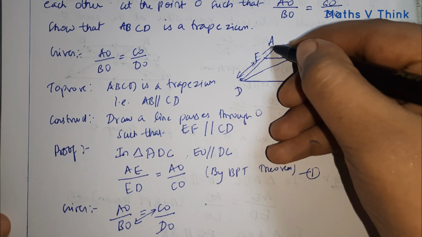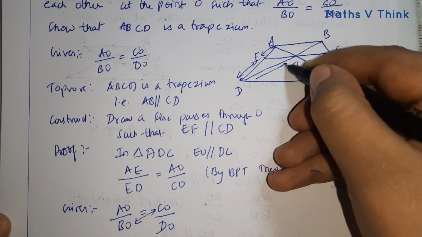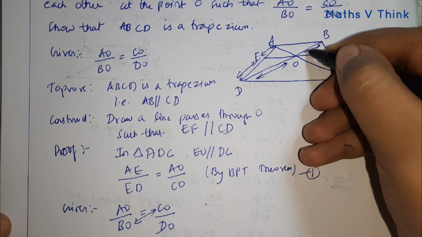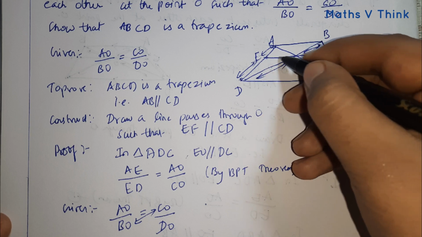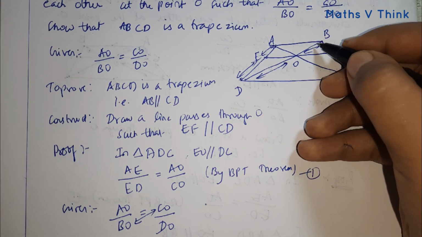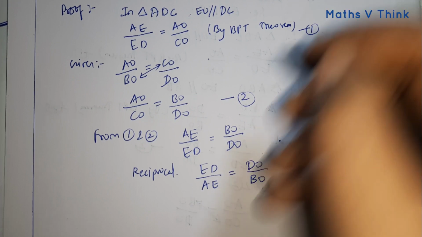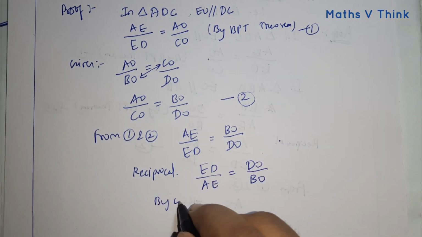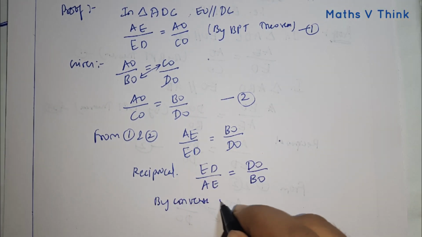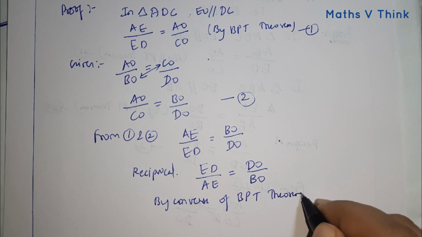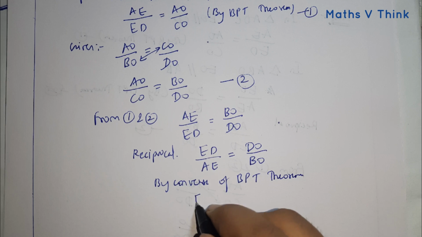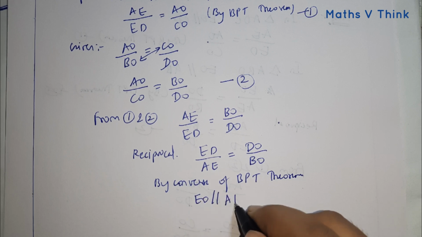This by this is equal to this by this. So by converse of BPT theorem, I can tell this will be parallel to this. EO is parallel to AB.